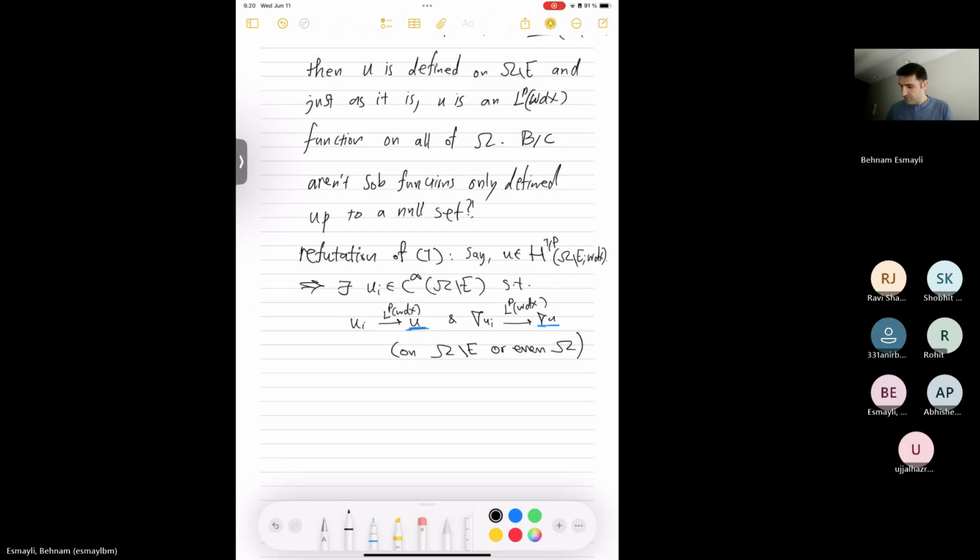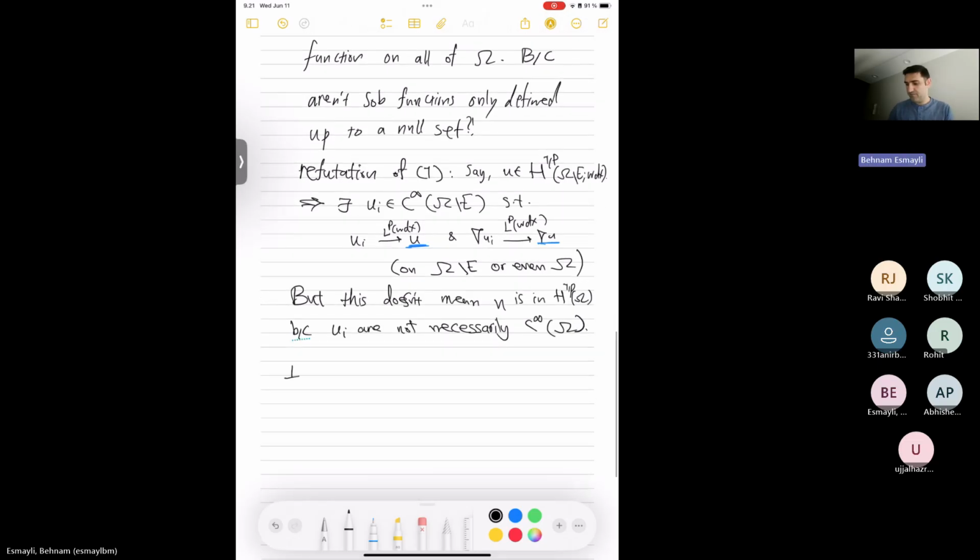So yeah, the key point is that, but this doesn't mean U is in H^{1,p} of all of omega, because the u_i are not necessarily, it could be that they are, but they are not necessarily C infinity on omega.